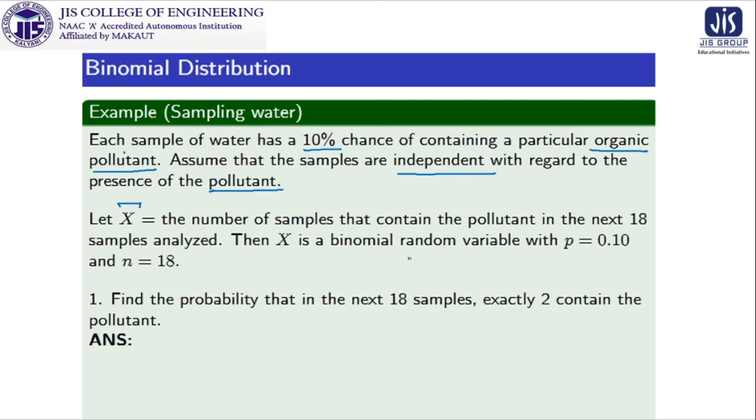Then X is a binomial random variable with p equal to 0.10, because of this 10%, and n equal to 18. You know the parameters required for the binomial distribution are p and n, and both are given. Our job is to find the probability that in the next 18 samples exactly 2 contain the pollutant. This is the question of this problem, which is related to the binomial distribution.